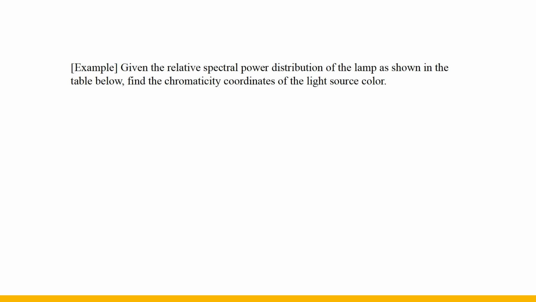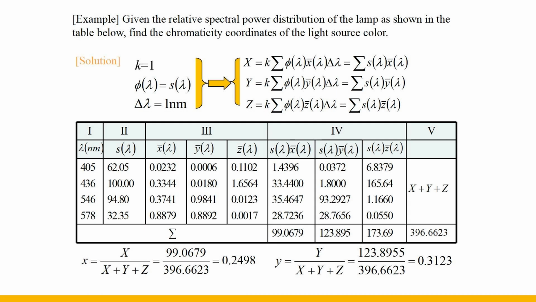Next, let's do an exercise. Given the relative spectral power distribution of the lamp, as shown in the table below, find the chromaticity coordinates of the light source color. According to the chromaticity coordinate formula, take k equal to 1, phi lambda equal to S lambda, take delta lambda equal to 1 nanometer, and substitute the data into the formula.